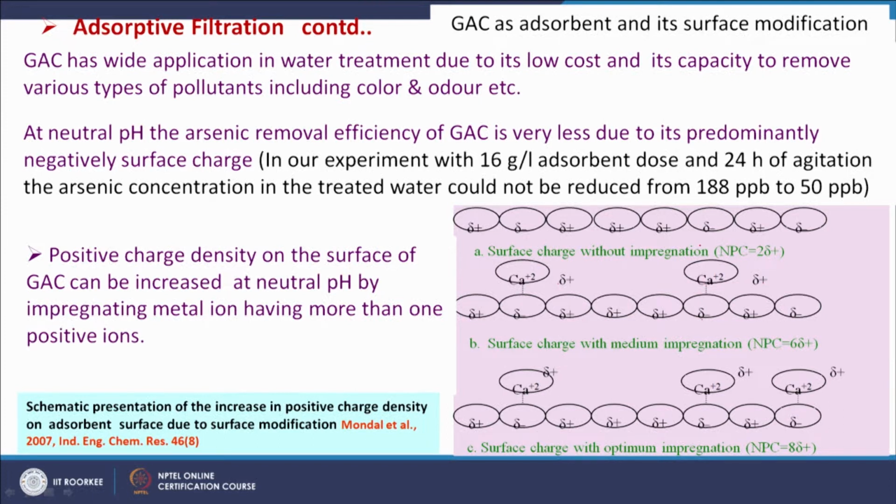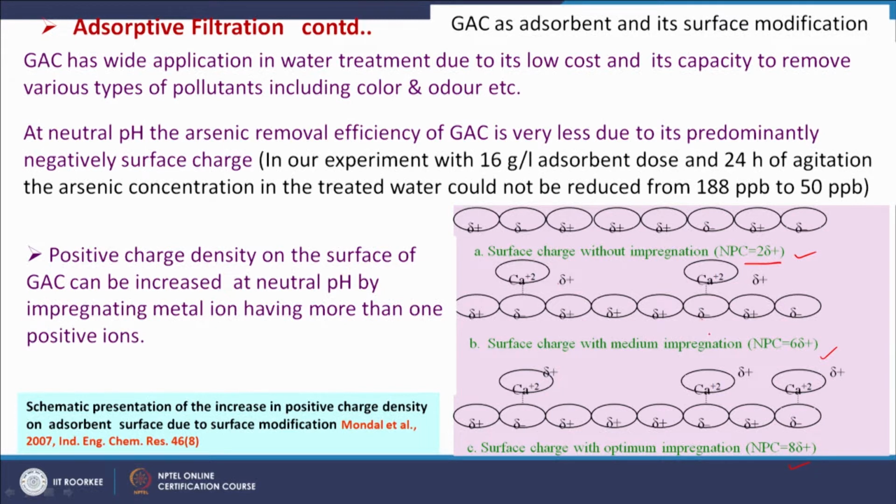So, at the initial stage we have here 5 positive minus 3 negative, so plus 2 net positive charge, but after surface modification we are getting plus 6 net positive charge. Another calcium 2+ impregnation is resulting in plus 8 net positive charge.